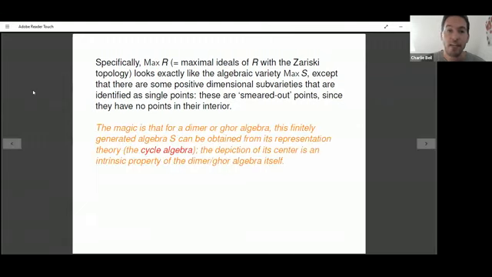And the magic is that for a dimer or Gore algebra, this finitely generated algebra S can be obtained from its representation theory. This is the cycle algebra. And the depiction of its center is an intrinsic property of the dimer or Gore algebra itself.